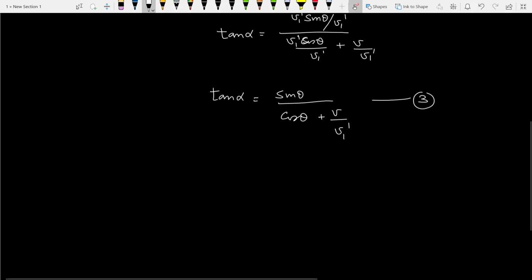In the previous lecture we derived the correlation between the velocities. So v1 dash, which is equal to m2 u1 divided by m1 plus m2.